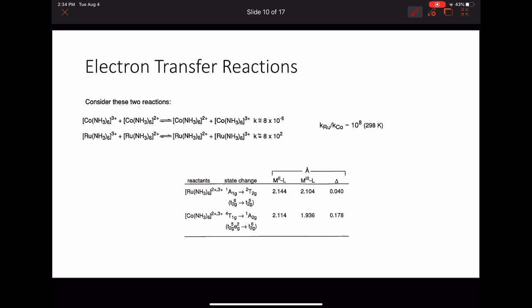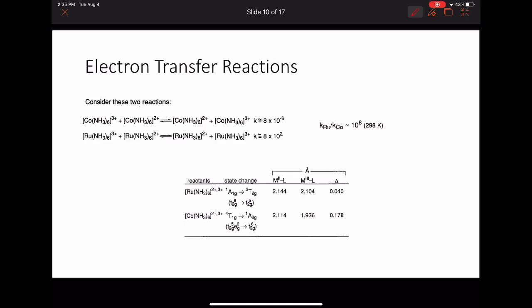To take a closer look at different types of electron transfer reactions, or different conditions we can have for different electron transfer reactions, let's consider the two examples shown here, where we have hexammine cobalt 3 and hexammine cobalt 2. So we have the self-exchange reaction involving hexammine cobalt systems, and then the same kind of self-exchange occurring with ruthenium systems.